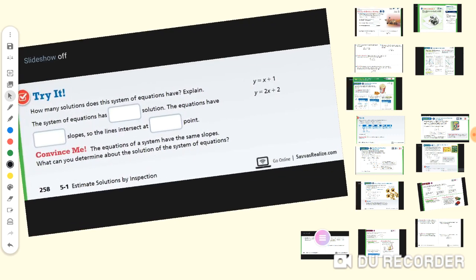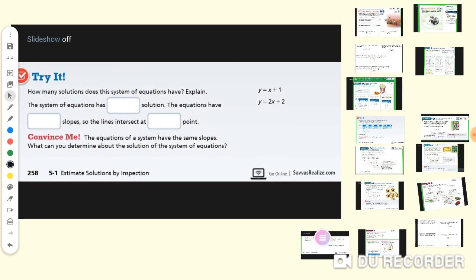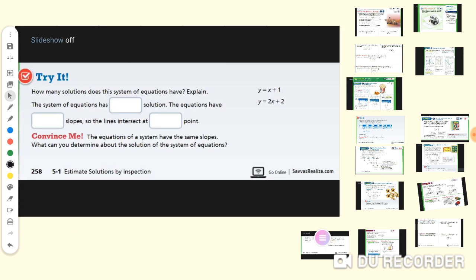This system of equations, as you see here, y equals x plus 1, and the second equation is y equals 2x plus 2. As you see, I have different slopes, 1 and 2, and different y-intercepts, 1 and 2. So they are both different.